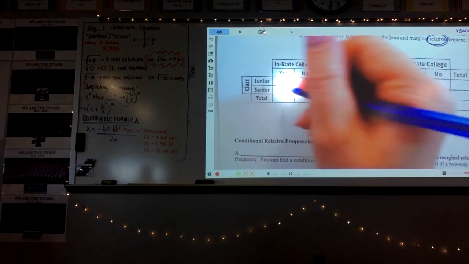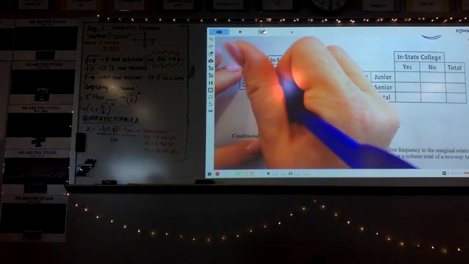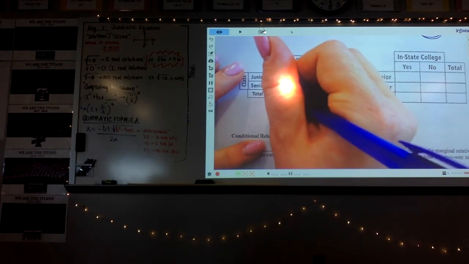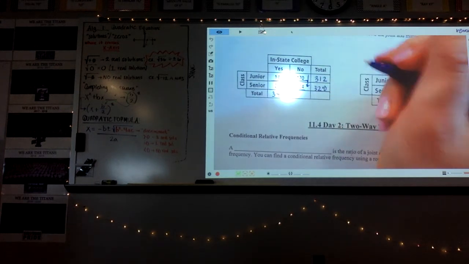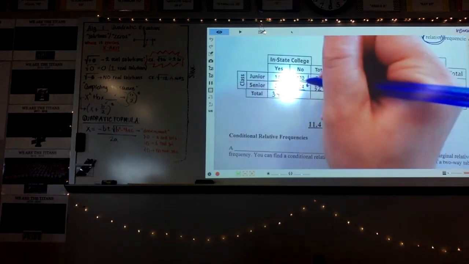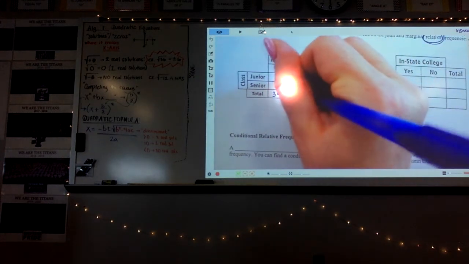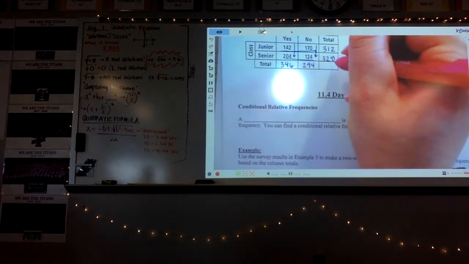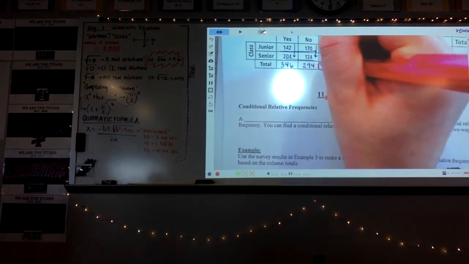Lathan, what's 142 plus 204? Good. And then how many total do not plan to go to in-state college? Jack B, 170 plus 124. Okay, and then you should be able to add either row or column here for the total number surveyed. So, Caden L, what's the total number of people surveyed here?